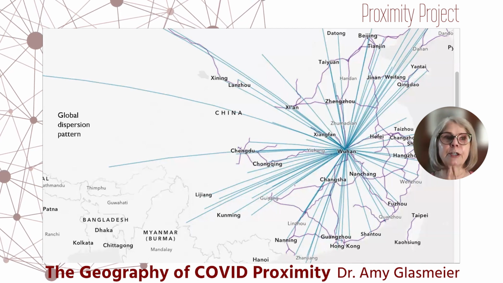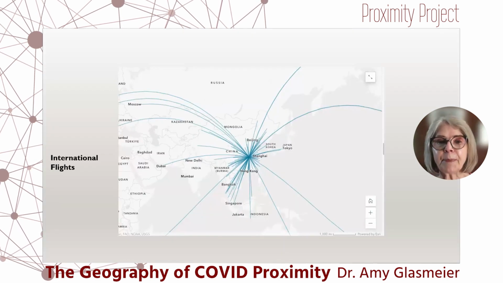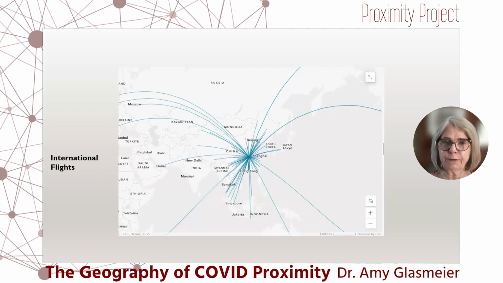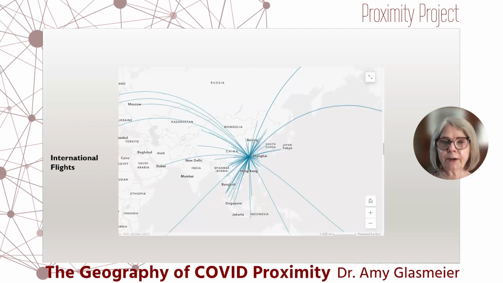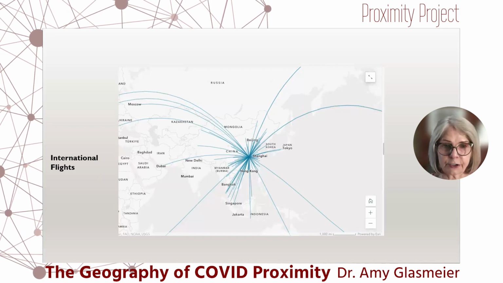This is, from a time perspective, we are now in February. The reason that what you just saw was this very sort of almost fireworks pattern is because that's what the pathways of airlines actually look like.